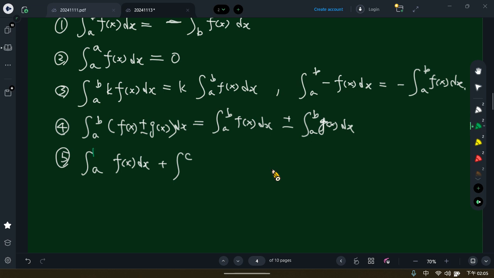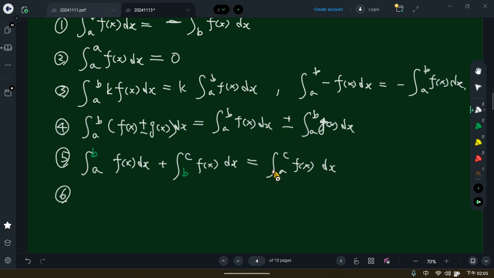If A to B, B to C, then through this breakpoint, we still can link them together. Okay.